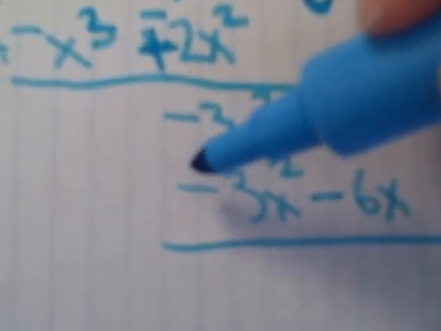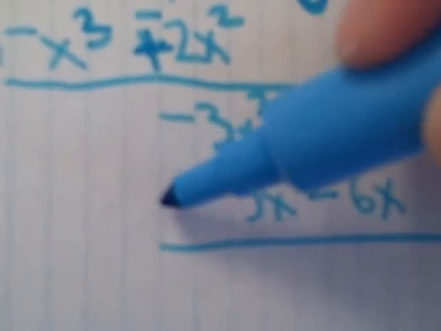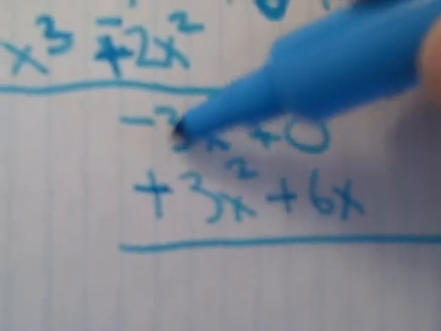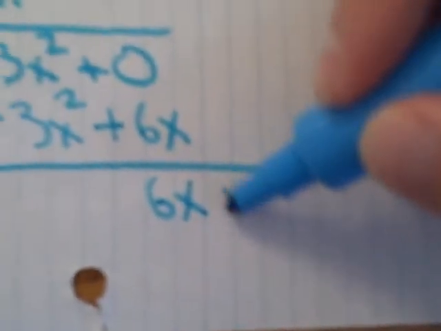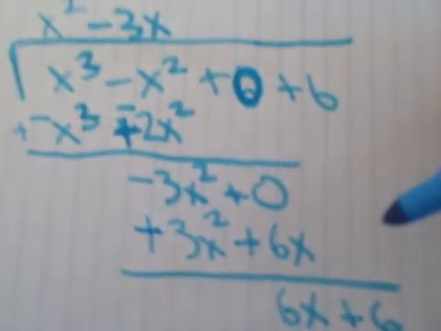And then each time you bring it down, you want to change the symbol. So this negative would be a positive, and this negative would be a positive. So those cancel out. And then when you bring this down, it would be a 6x. And then you bring down the 6 from up top.